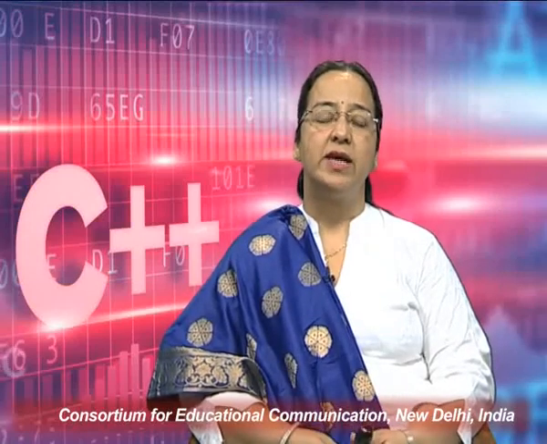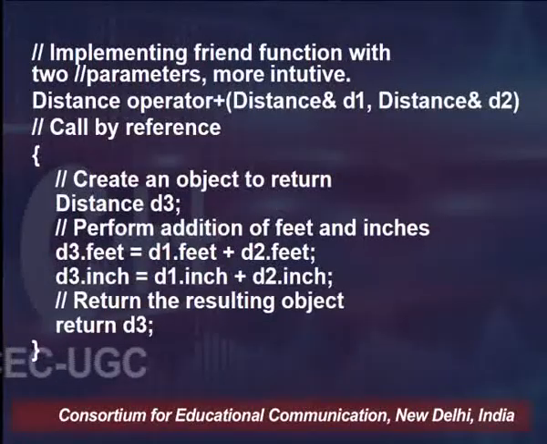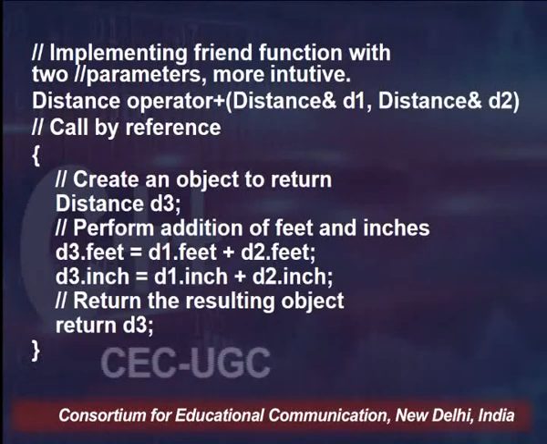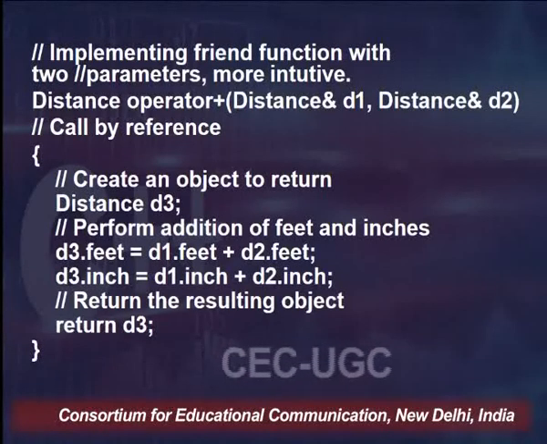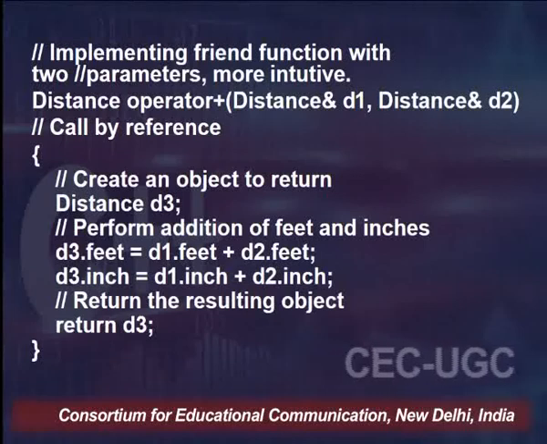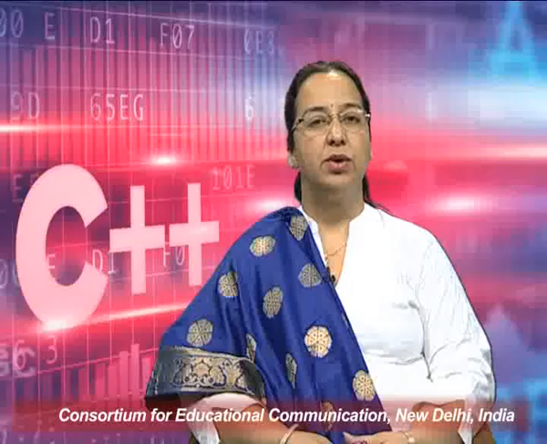And this distance class is having two variables, one is feet, another one is inches. So, d1 dot feet plus d2 dot feet will make the resultant d3 dot feet. d1 dot inches plus d2 dot inches will make the resultant d3 dot inches.